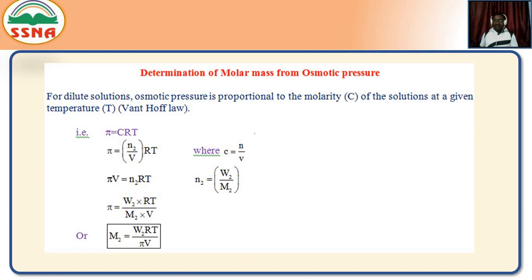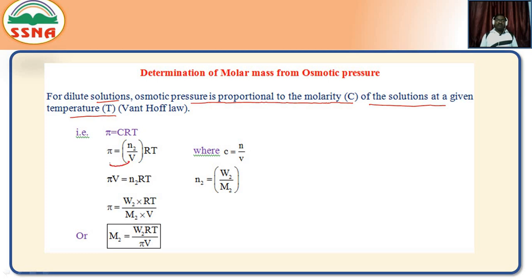By using this osmotic pressure we can determine the molar mass of solute. For dilute solution, osmotic pressure is proportional to the molarity of the solution at a given temperature T. Here pi is equal to CRT. C means concentration, expressed in number of moles by volume, that is called molarity. Here pi is equal to n2 by V into RT.